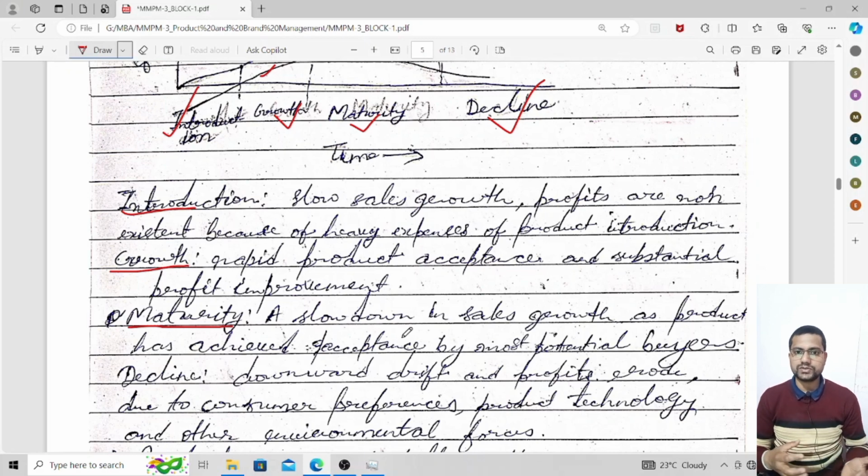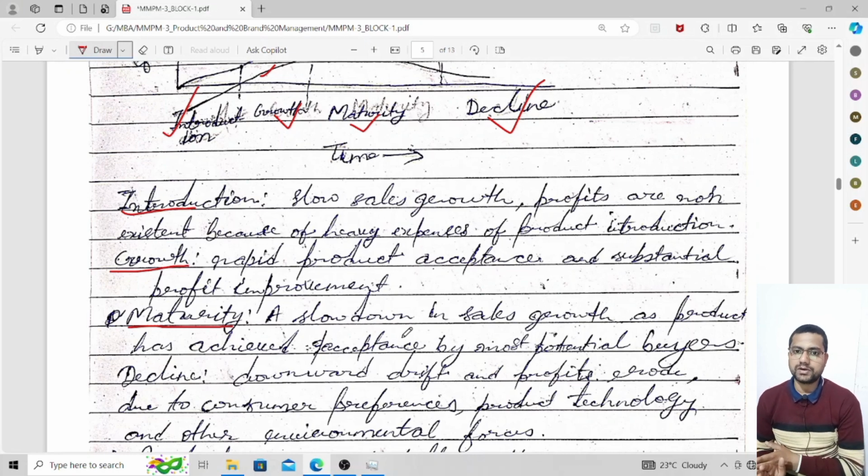It means in the maturity stage almost all customers have already bought the product, so not many more customers are available to buy. Whatever number of customers were demanding the product, that is how many are demanding now, not more.